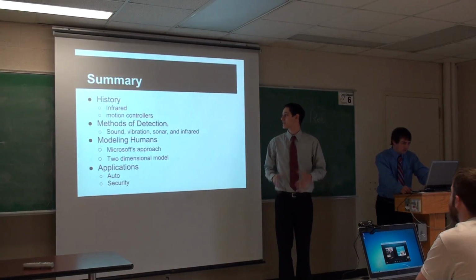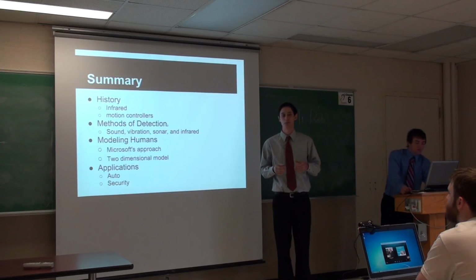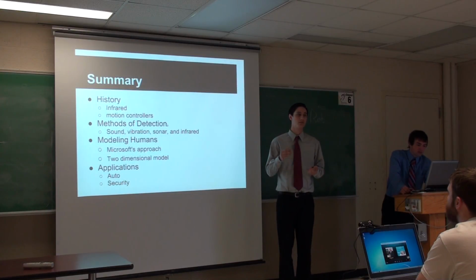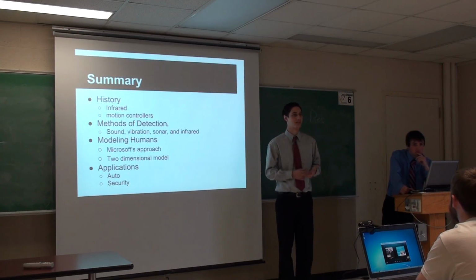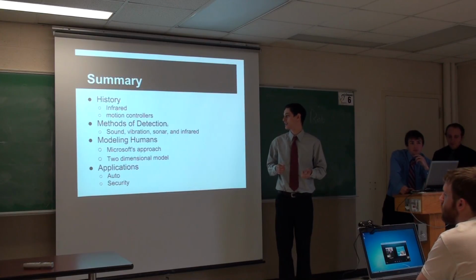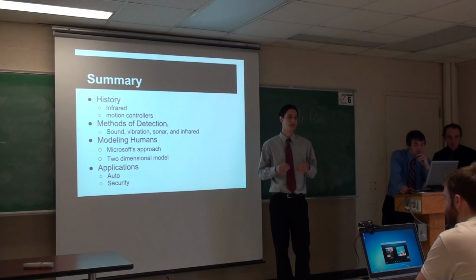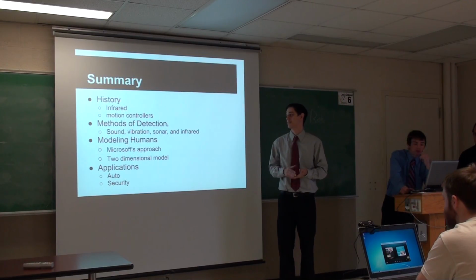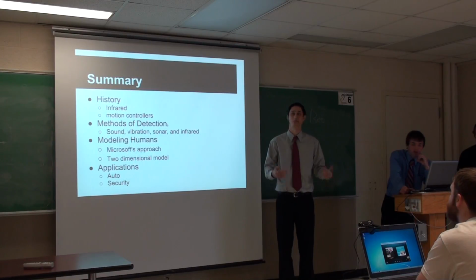So, in summary, we talked a little bit about the history of human detection and tracking, including infrared used in World War II, as well as some of the motion controllers that have been developed in the entertainment and gaming industry. We talked about some of the alternative methods of detection besides just video. You can use sound, vibration, sonar, and infrared as well.